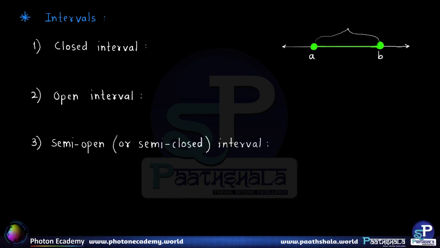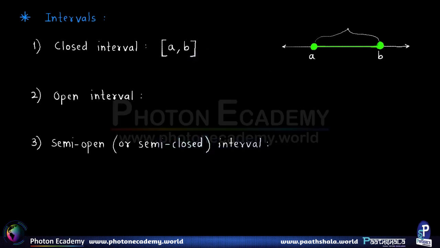And how do we denote it? We write a comma b in square brackets. So a comma b in square brackets means the closed interval, that is, the set of all real numbers between a and b, including a and b themselves.